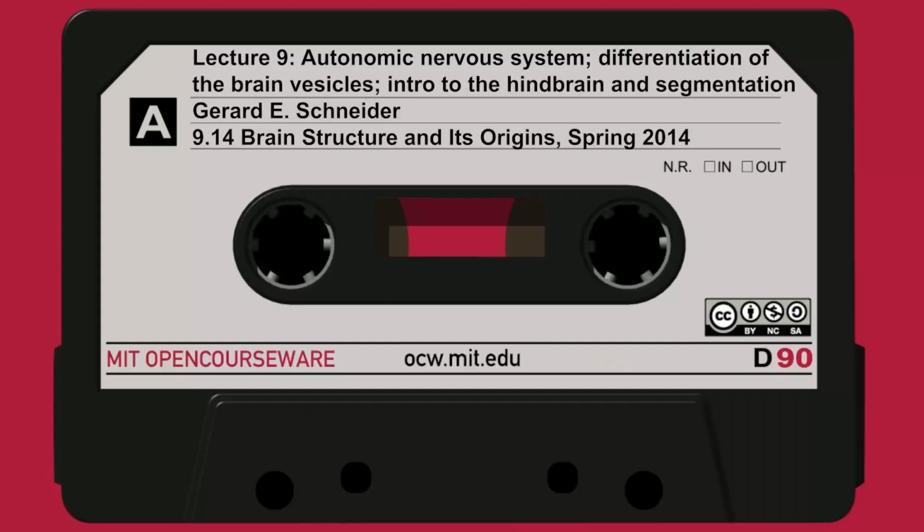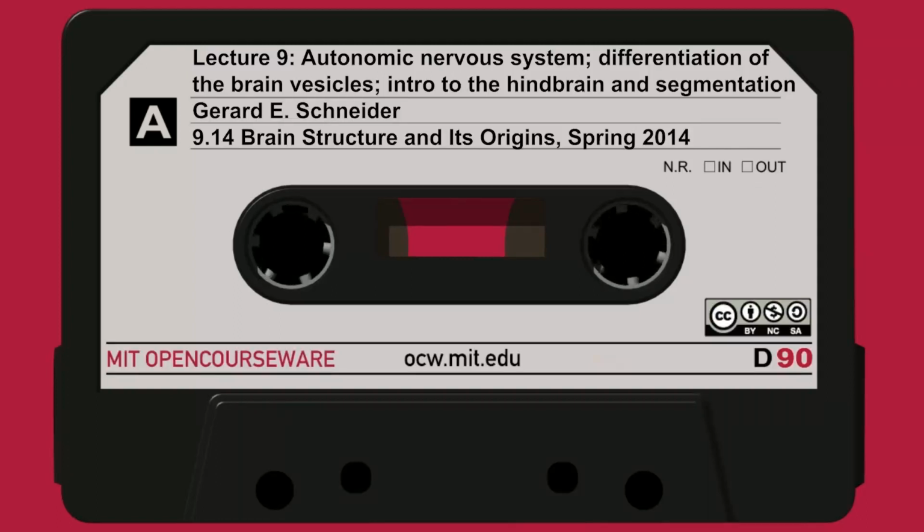Okay, now a little bit about segmentation. How do these segments arise? You might want to know where the term branchial motor column comes from. Well, in the embryo, there are what we call branchial arches. Branchial arches in aquatic vertebrates can form the gill arches. But we still have that in our embryonic development.